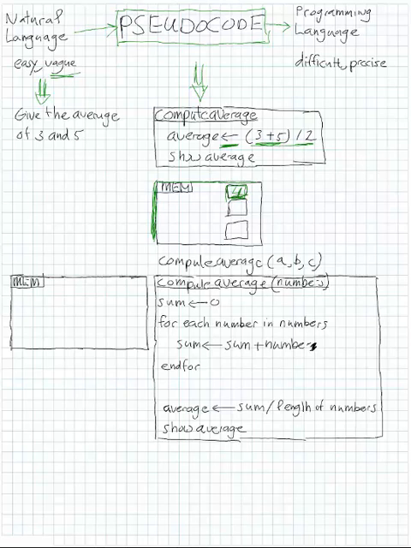I put the number 4 there, and I give it a name, and the name is specified here on the left hand side of the arrow. So I always choose a descriptive name. It is the average, so a proper name would be average. So now we have in memory a place with the name average and the value 4. And such a place in memory, we call a variable.